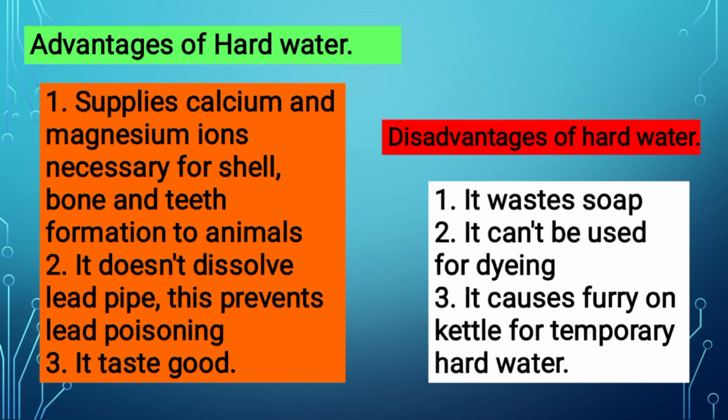In temporary hard water, since you can remove the hardness just by boiling, it means that those people that use a kettle to boil water sometimes start to see something whitish at the bottom of the kettle. That is what we call fur. It is due to the precipitation of calcium carbonate.